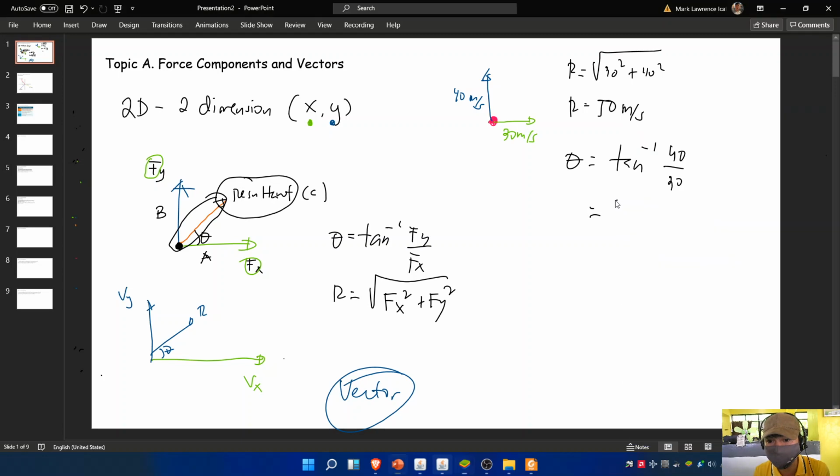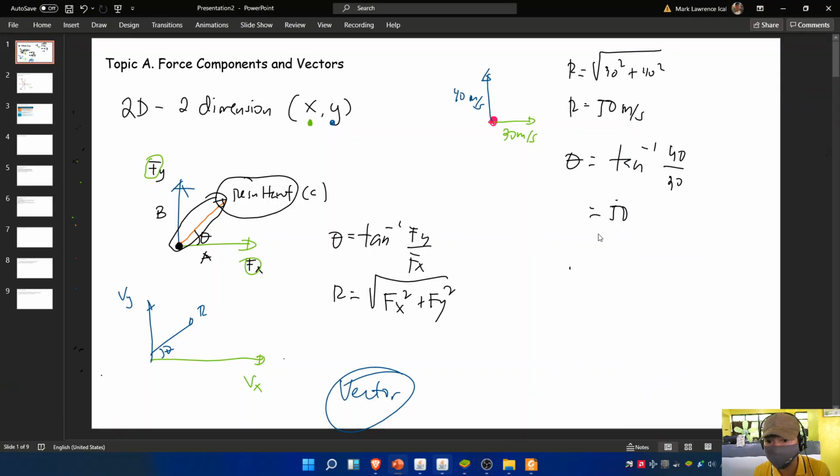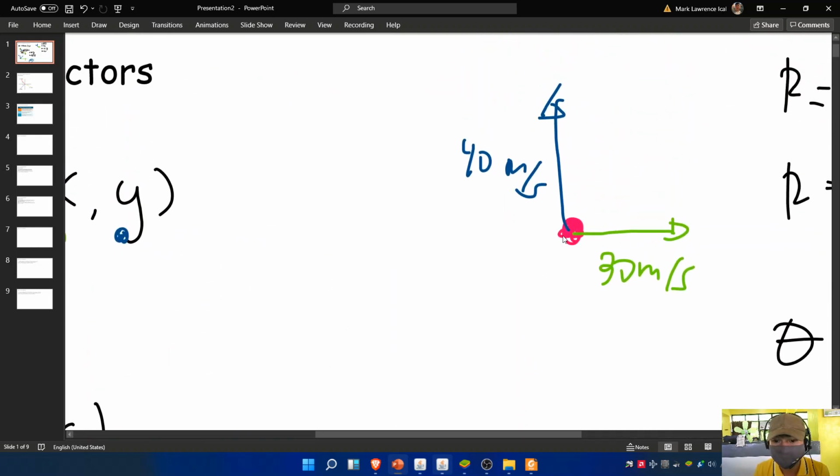So, that is 53.13 degrees, sorry. 53.13 degrees. So, that's the direction. So, our direction is 53.13 degrees with respect to the horizontal, and our resultant, or magnitude, of velocity is 50 meters per second.